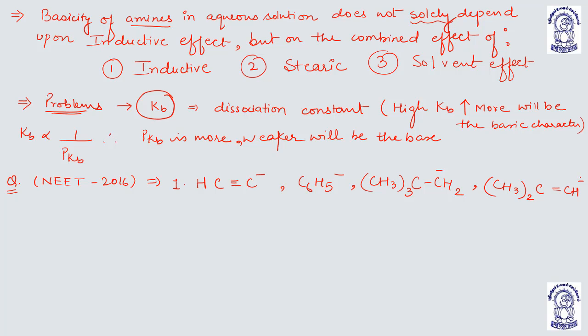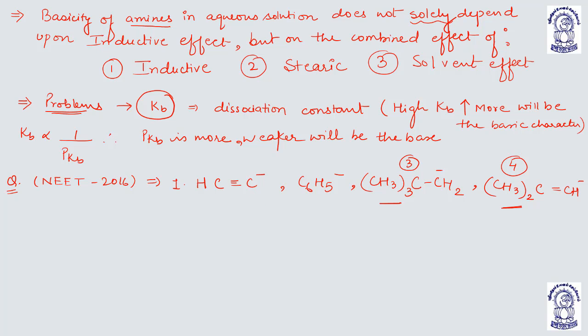You can see among all these carbanions, the more the number of electron releasing groups, one is containing 3 electron releasing groups, another is containing 2. These electron releasing groups are basically decreasing the stability of carbanions. So option number 3 and option number 4 are not going to be the correct option, because the third is most destabilized, and the fourth is comparatively less destabilized.